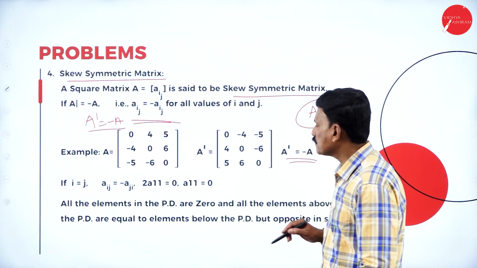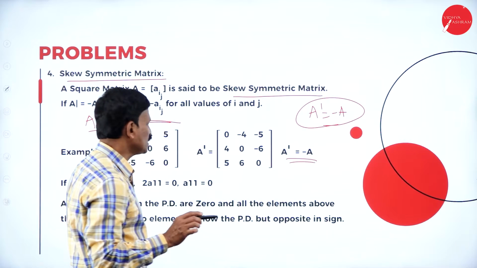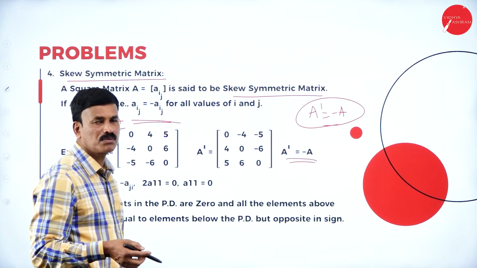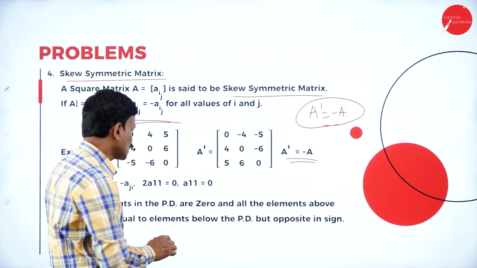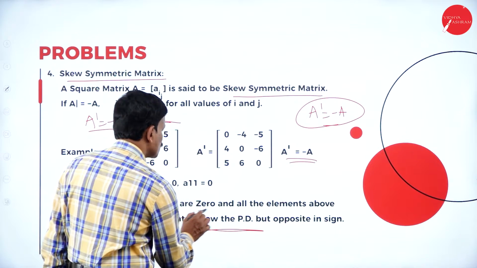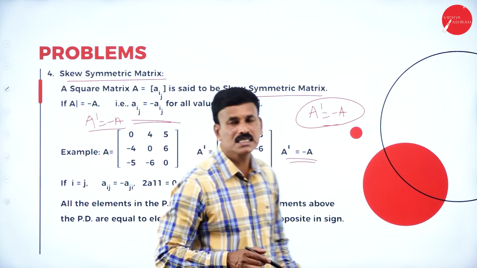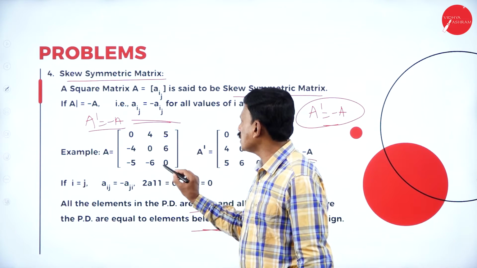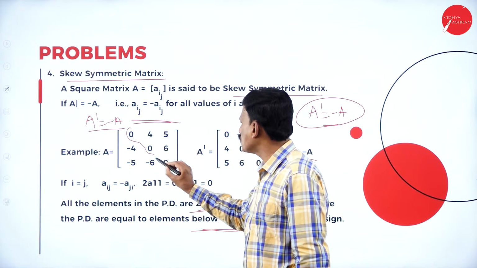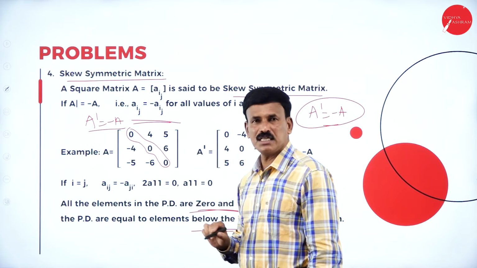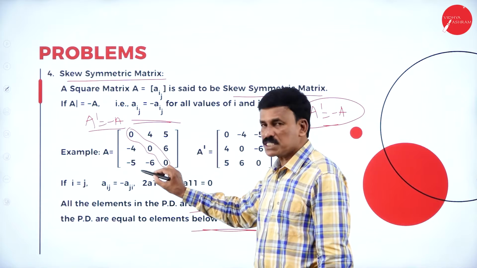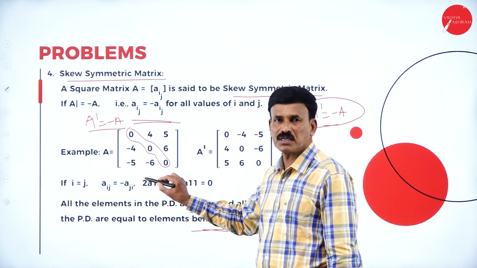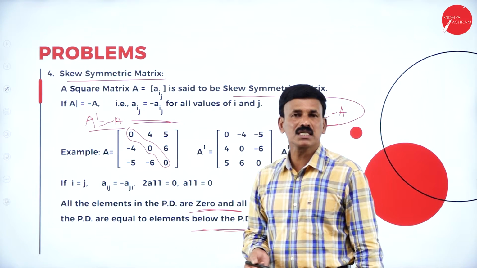So that means all the elements above the principal diagonal must be equal to elements below the principal diagonal, but opposite in sign, and all the principal diagonal elements are zeros. So in a skew symmetric matrix, all the principal diagonal elements are zeros, and elements above the principal diagonal must be equal to elements below the principal diagonal, but opposite in sign.